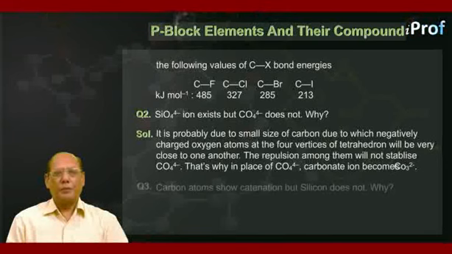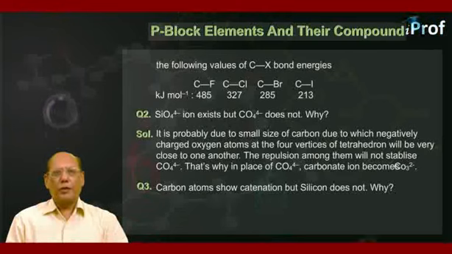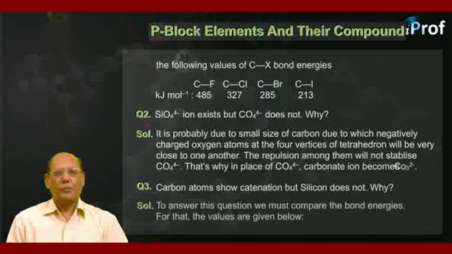Question number 3. Carbon atoms show catenation, but silicon does not. Why? The answer is, to answer this question, we must compare the bond energies.